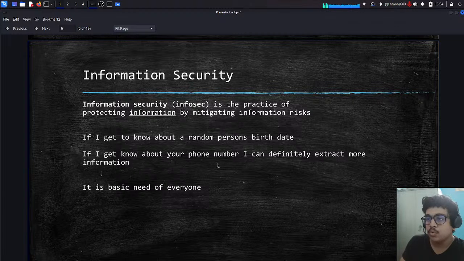But if I get to know your phone number, or the name of the person whose birth date is 26th of July, I can definitely extract more information from this. For example, we can track their physical address, their home address, the names of their family, basic information about their family, their phone number. So information security is a basic need of everyone, and everyone should know how to secure their information both online and physically.